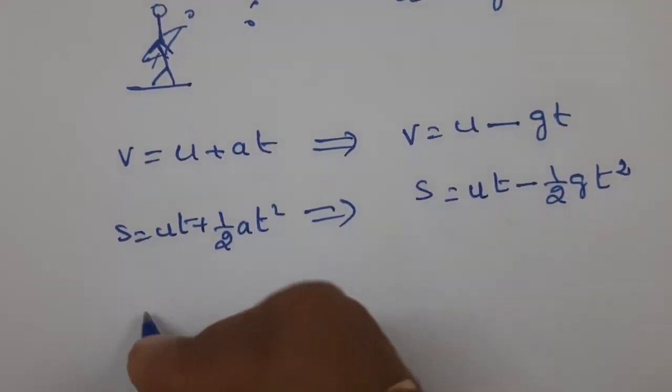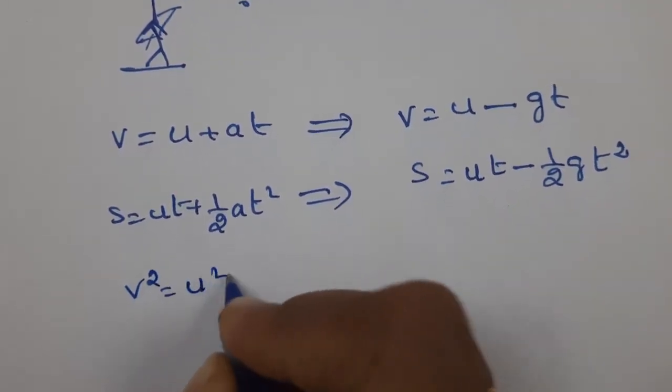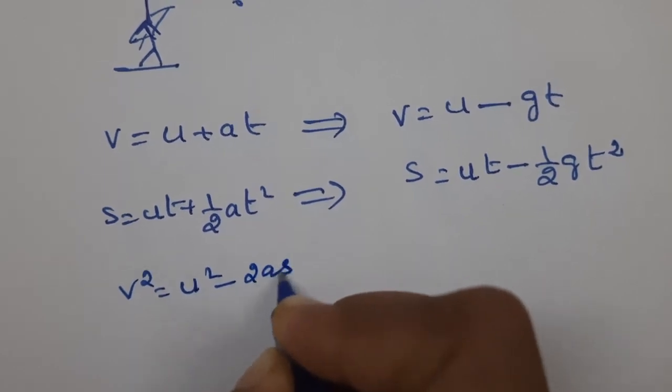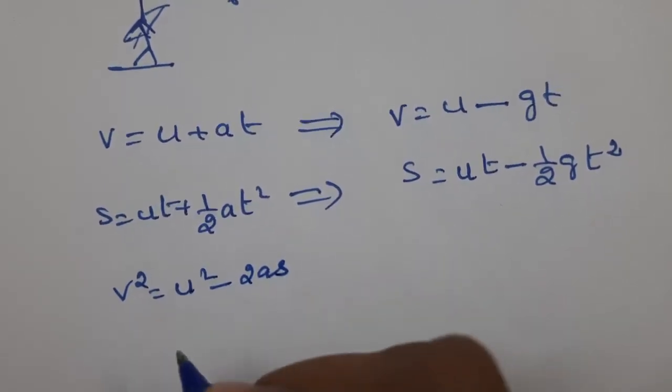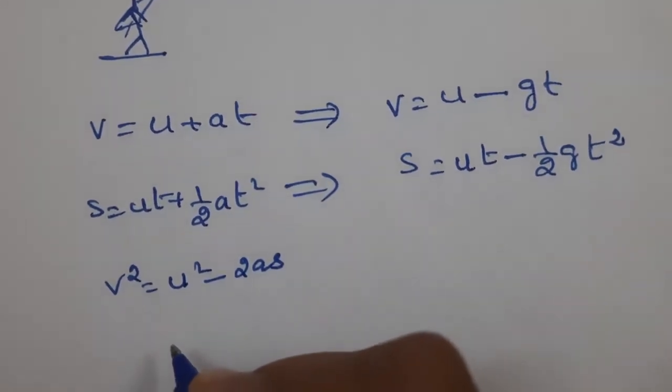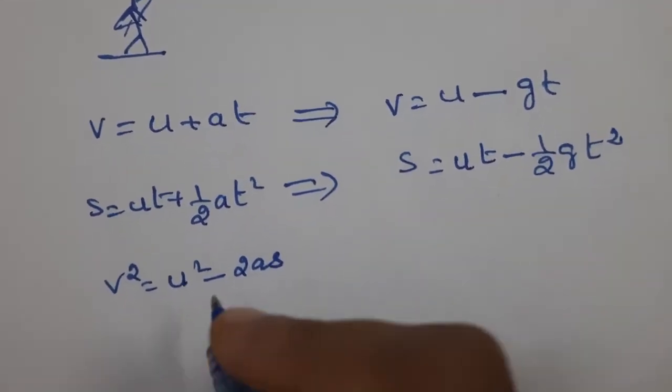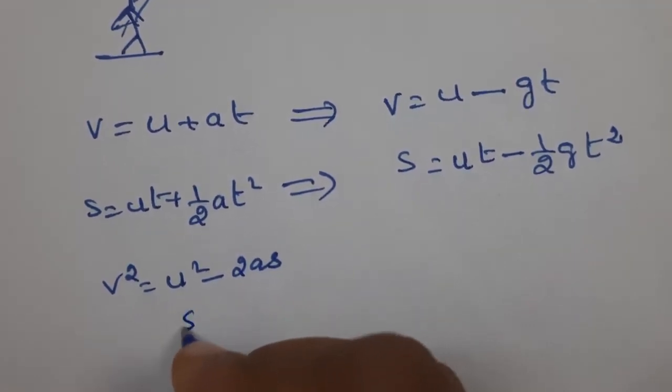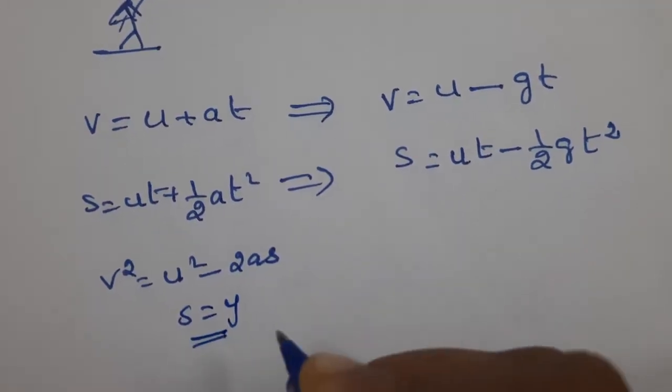And third, that is v square equal to u square plus 2as. Here, the velocity of the object at any position y, so we can write s is equal to y.